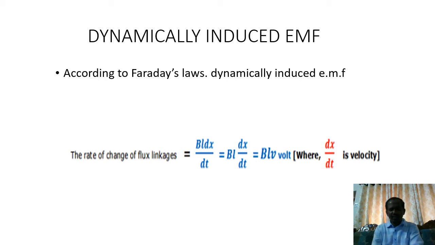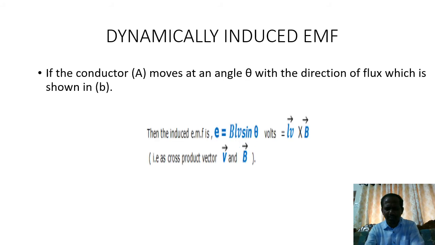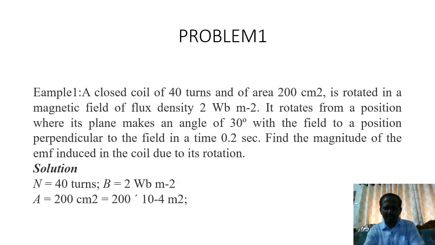So the EMF is B L V volts. When the conductor moves at an angle theta, you can write B L V sin theta. The rate of change of flux linkage is equal to B L V sin theta, where theta is the angle.